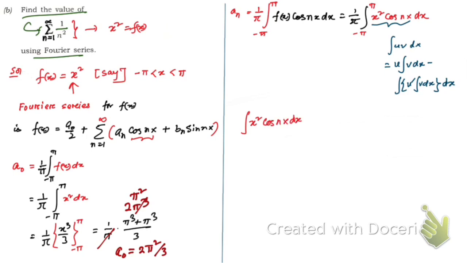Now consider this one as u and this one as v. If you apply this formula, you will get x square times integration of cos nx dx minus integration of derivative of x square times integration of cos nx dx, right?